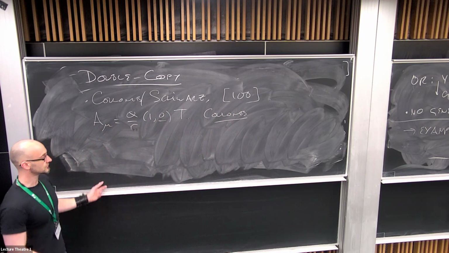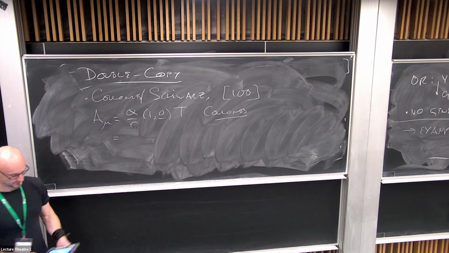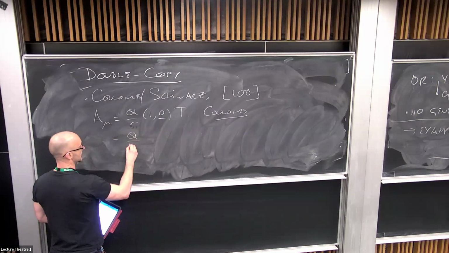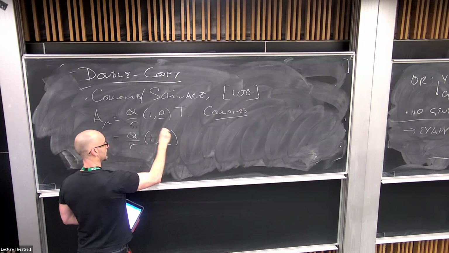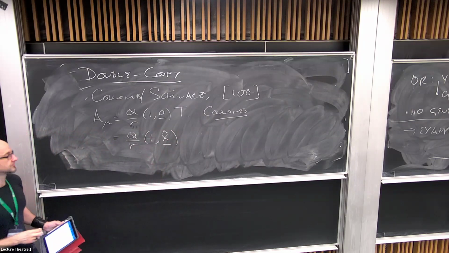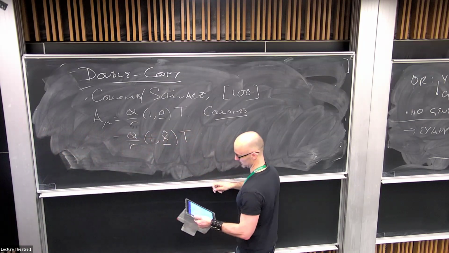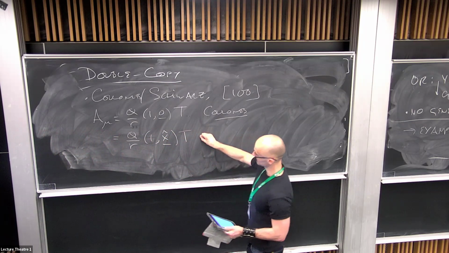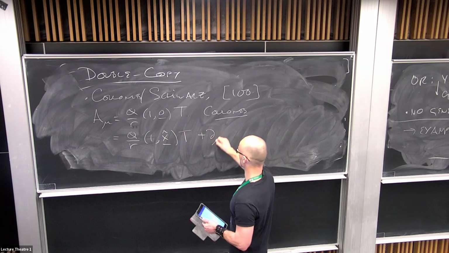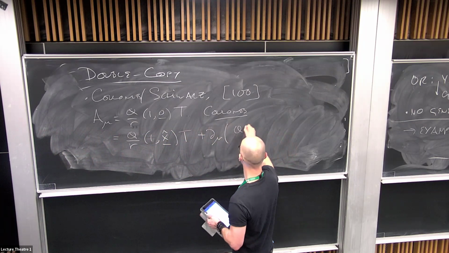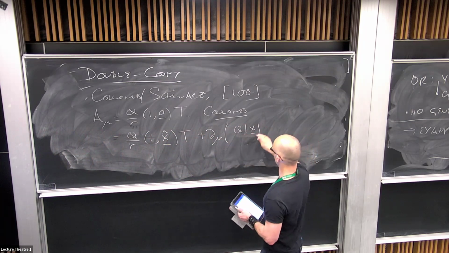In the sense that we do, we write this as Q over R times k hat, right? It's the unit vector, and the T is just along for the ride. And then if I want to get back to where I started, I had better do something like plus d mu of q log mod x.